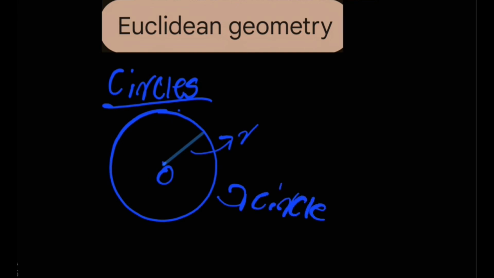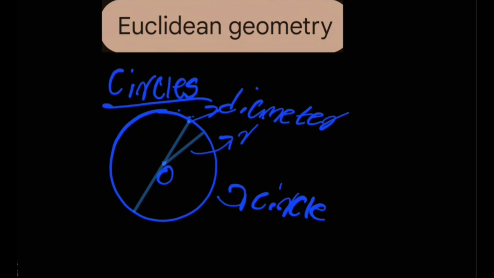Another thing I'd like all of you to know is if you have a line that passes through the center and then goes to the circumference, this is known as a diameter, which is just double the radius. As you can tell, a radius is just a line going from the center to here.